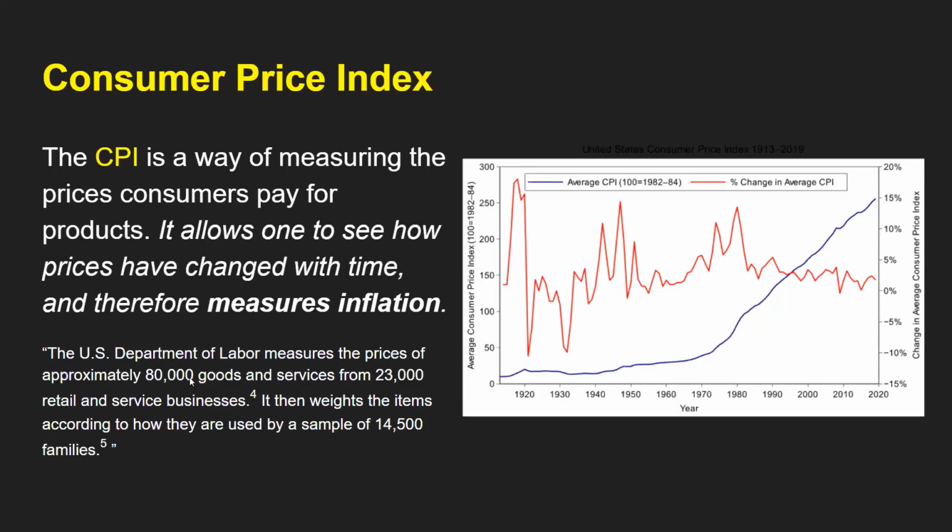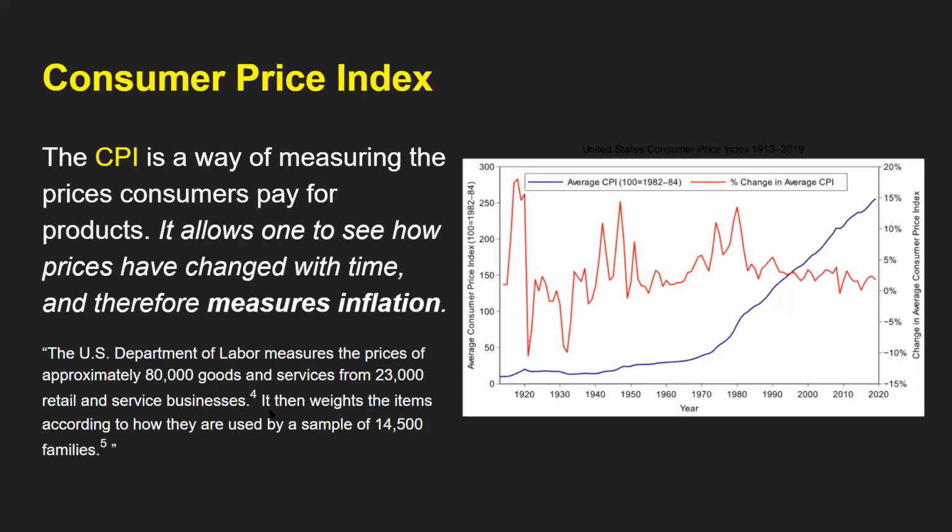So milk, eggs, gasoline, basic things that we nearly all, in our culture, purchase weekly or monthly. So thousands of goods and services from 23,000 retail and service businesses. So they also compared prices in different stores, say, Amazon versus Walmart or Target. The U.S. Department of Labor sets this up. So the CPI is a formal way of measuring prices for our country.